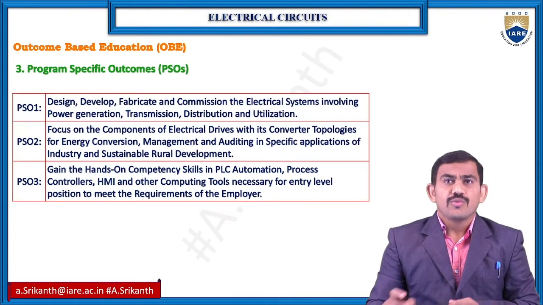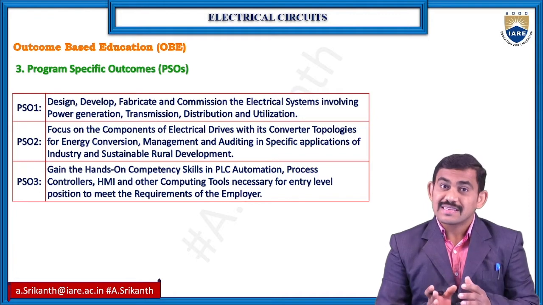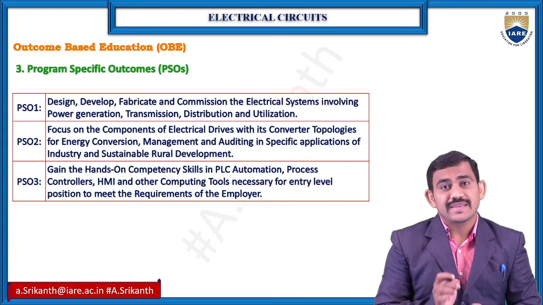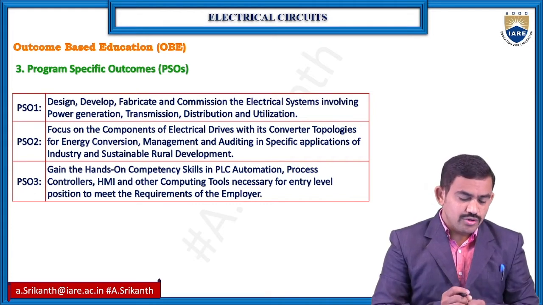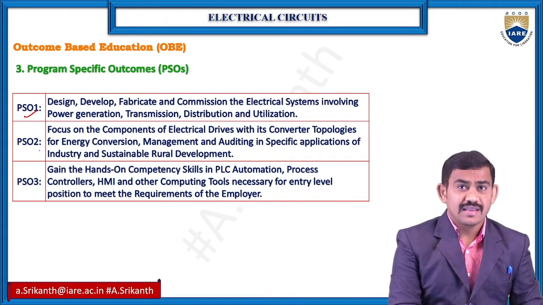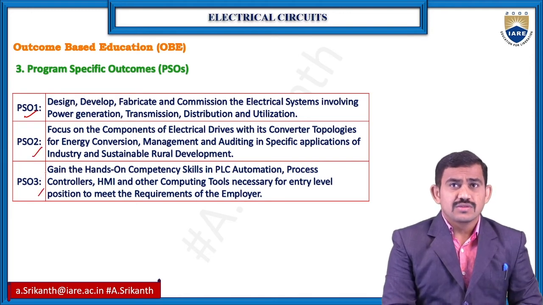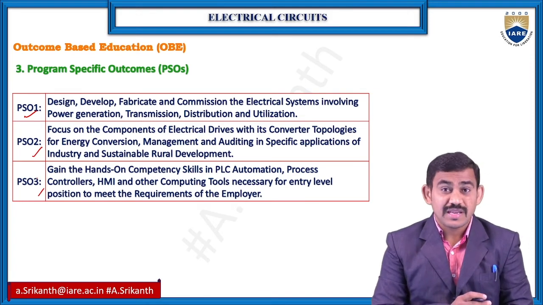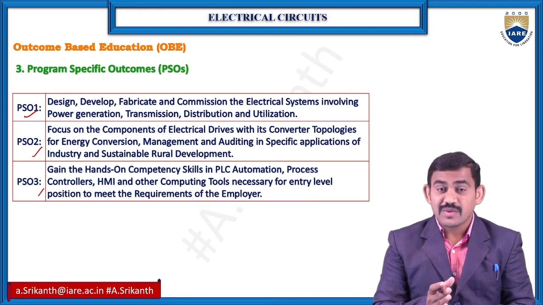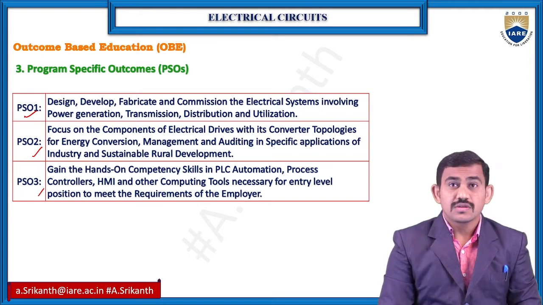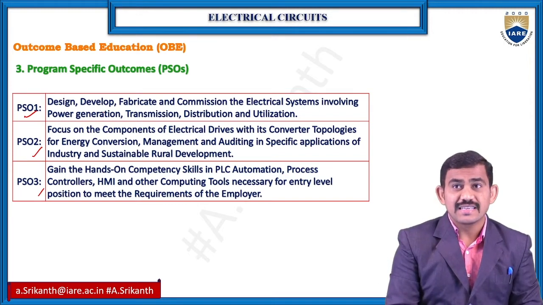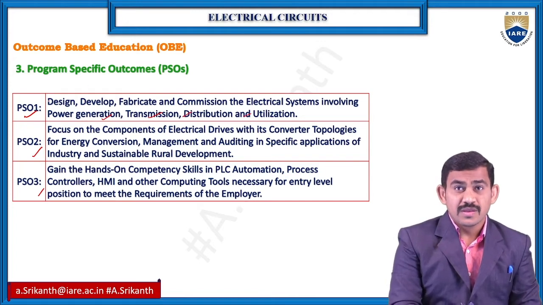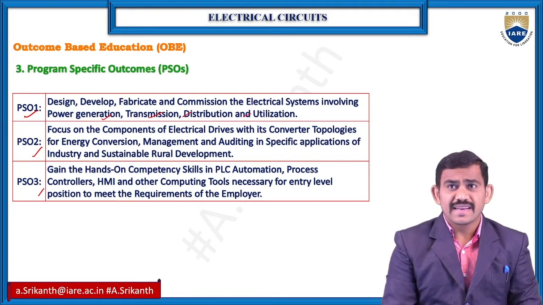Next, coming to program specific outcomes. These depend upon the engineering stream. Different engineering streams have different program specific outcomes. We have 3 of them, related to our subject. For electrical engineering, depending upon electrical circuits, just observe here: we have electrical generation, power generation, transmission, distribution, utilization. That is one PSO.